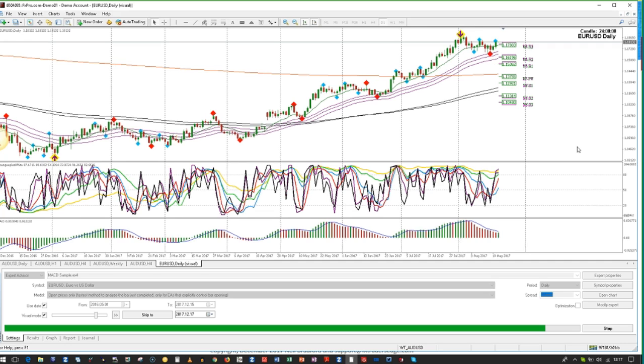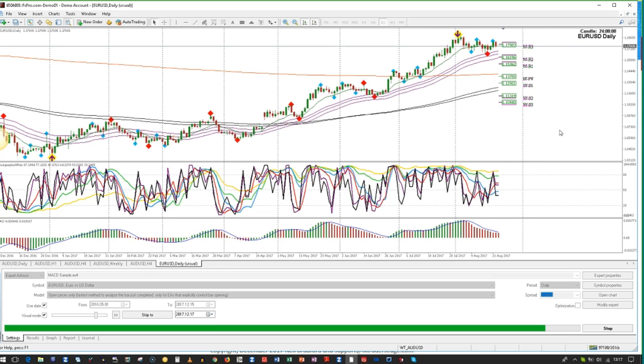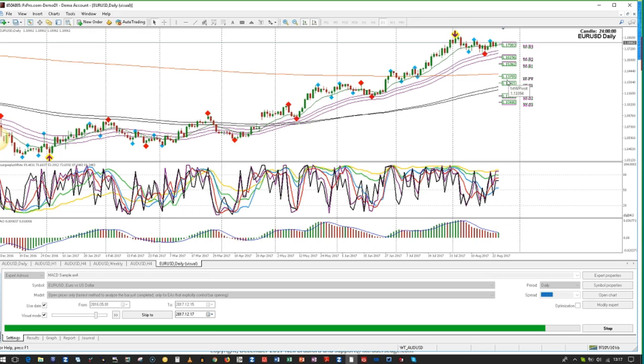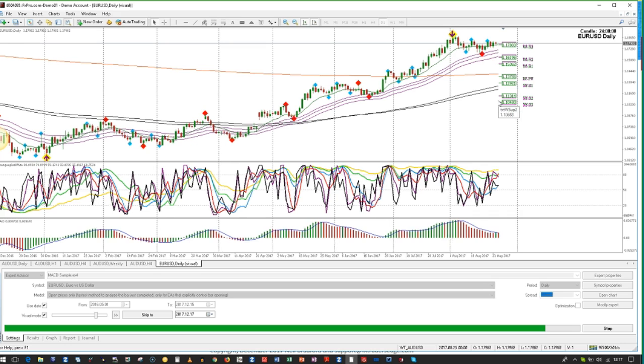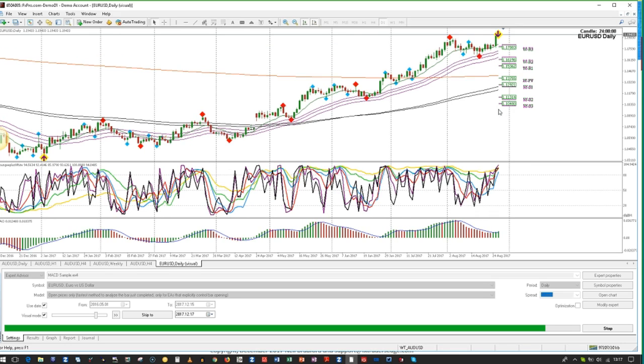Let's see what happens. Yeah, we went higher. And the trade wasn't actually confirmed until that next candle, when the blue bungee turned up.